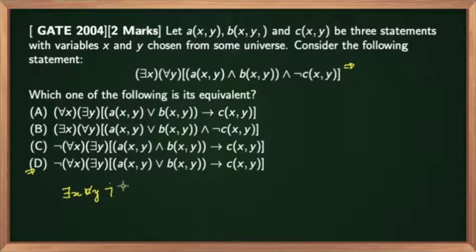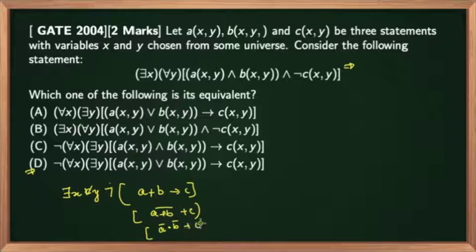Then I have negation of a of x comma y and b of x comma y implies c of x comma y. Let me write it as a b implies c. This will be equal to (ab)bar plus c, so that is a bar plus b bar plus c.